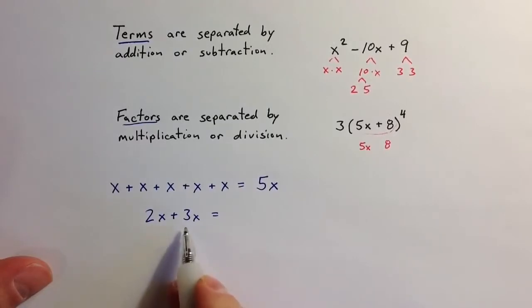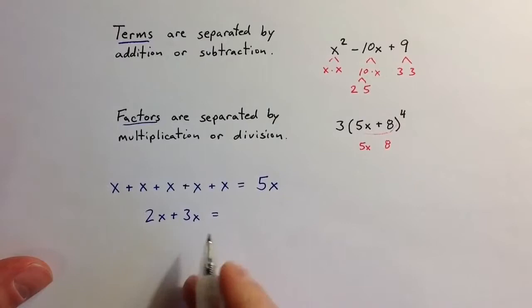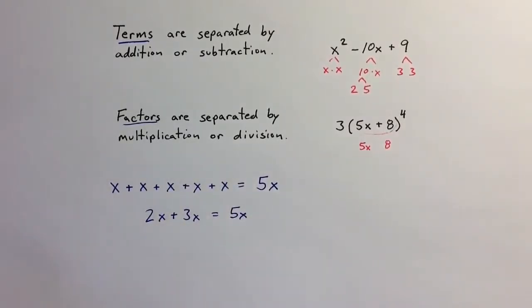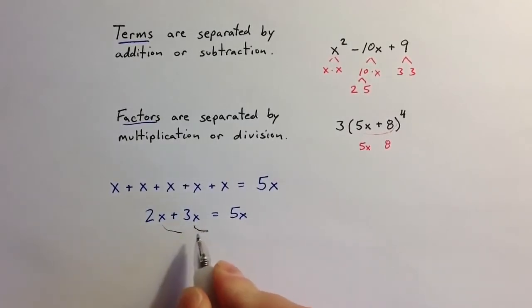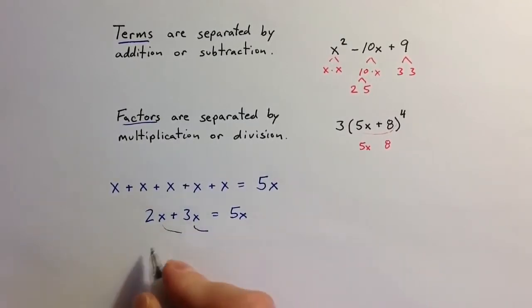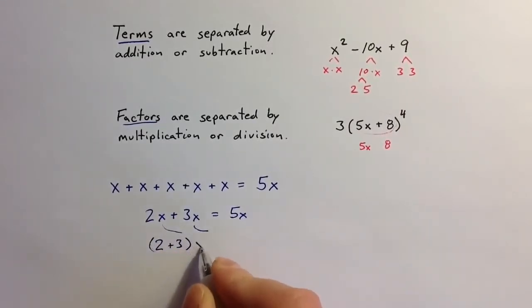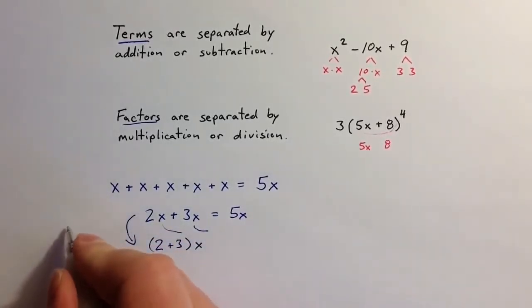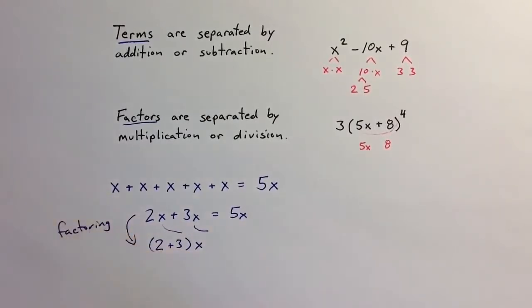They're called like terms because this represents x plus x, that represents x plus x plus x, and so they would also represent 5x. So we can, in a sense, factor the x out away from those two parts of the expression and think of this as 2 plus 3 times x. Going in that direction, from here to there, we would call this factoring out the x.